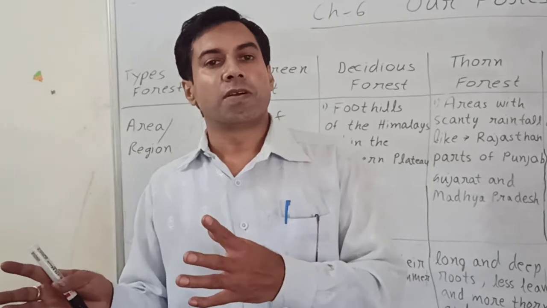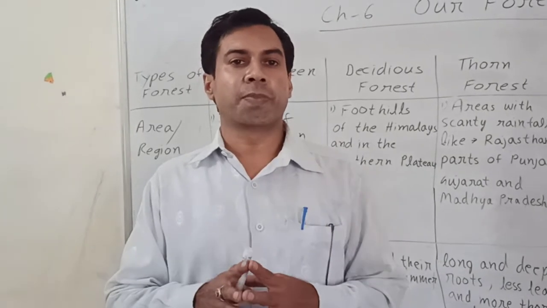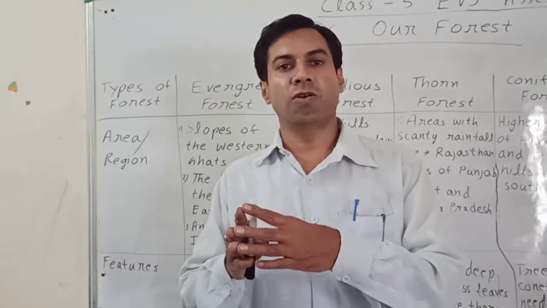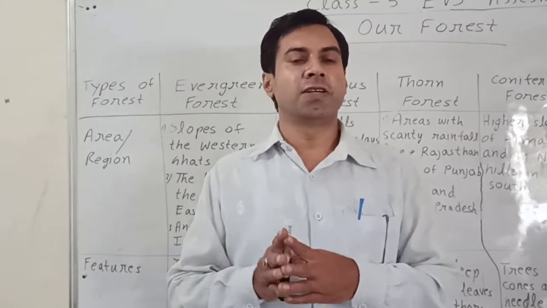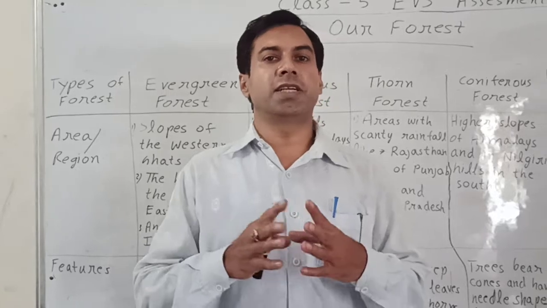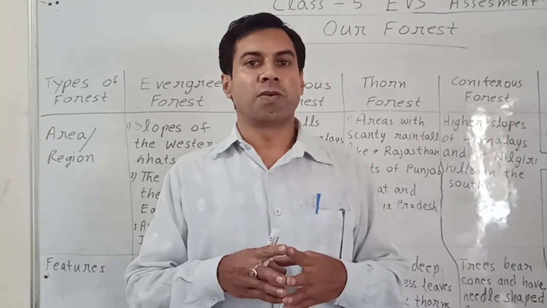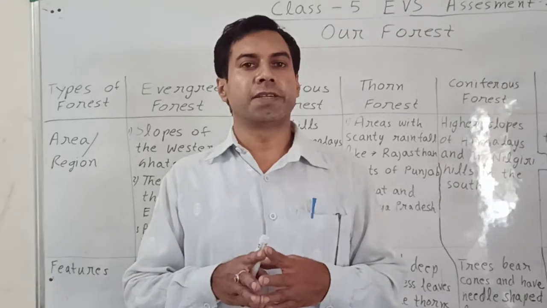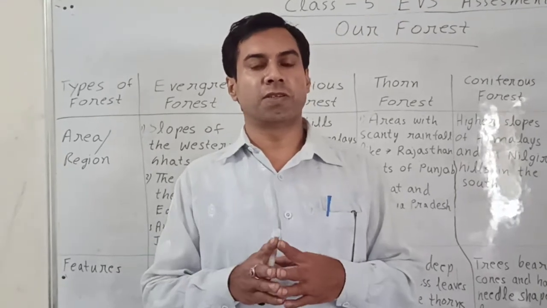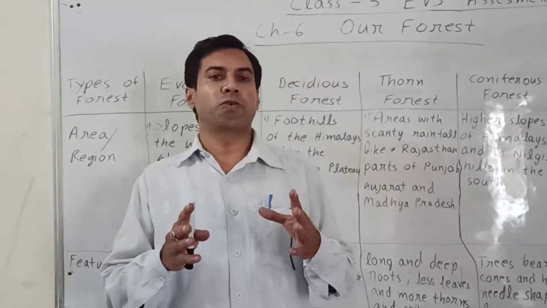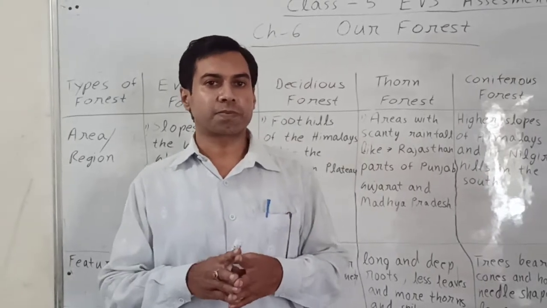Now, endangered species are on the danger line to be extinct. They are called endangered species, like the Ganga shark and the Bengal tiger. So the government has made different types of projects to protect them.